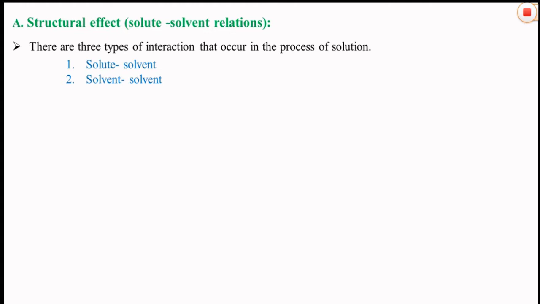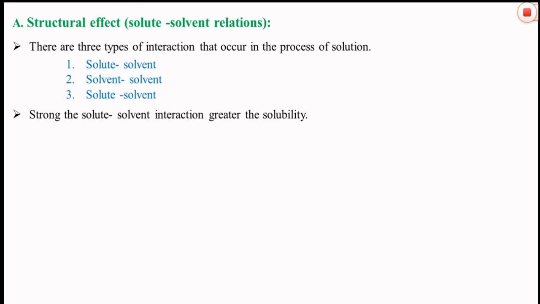First is solute-solute, second is solvent-solvent interaction, and third one is the solute-solvent interaction. If the solute-solvent interaction or attraction is stronger, then the solubility of that solute is greater, while if the solute-solvent interaction is weak, then the solubility is lesser.